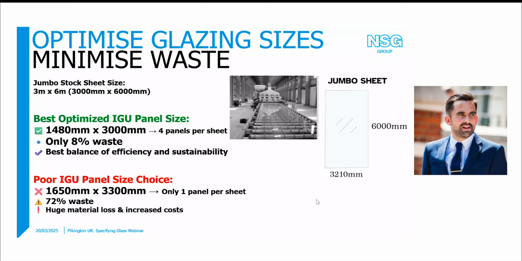So that's a huge waste, 72% waste, lots of material loss, and an increased cost. So the end user pays for it, really. So that's quite a good handy design guide, I would say, to take note of in today's seminar.